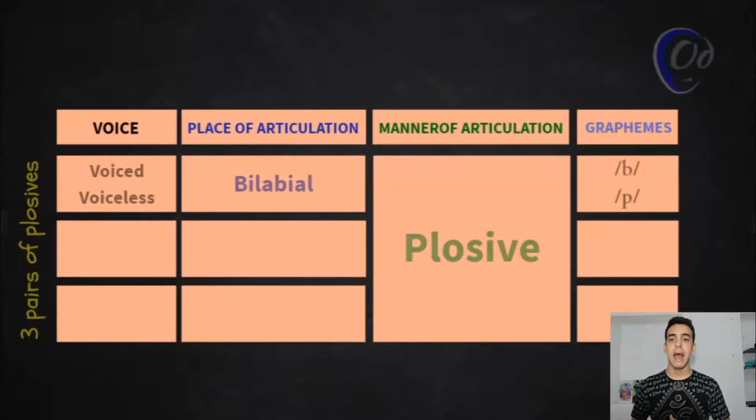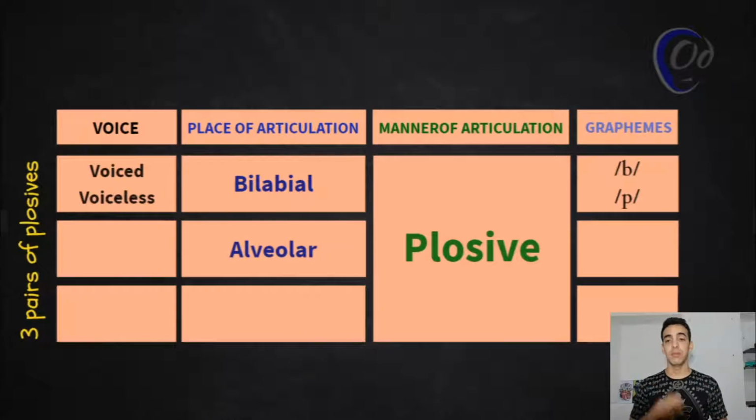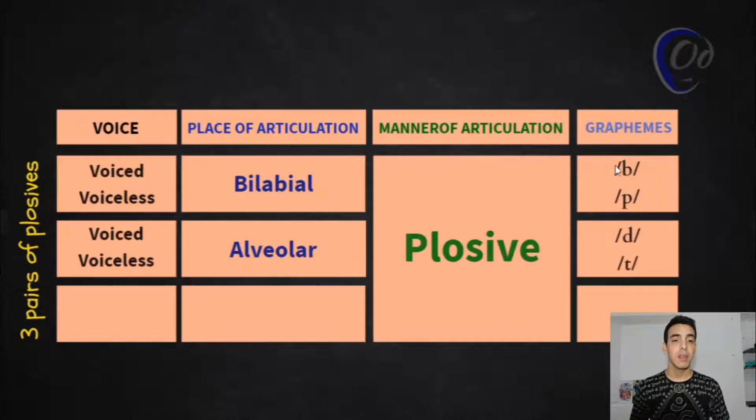Then we have two alveolar plosives: the voiced alveolar plosive and the voiceless alveolar plosive. And these are them. Check this. They are kind of the same symbol, but upside down. It's not a coincidence.